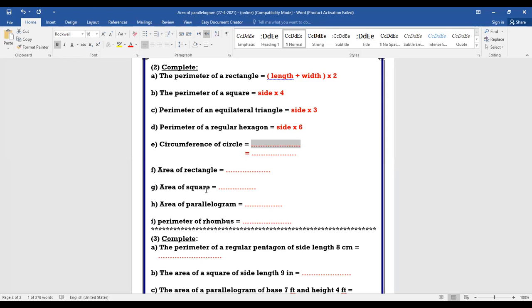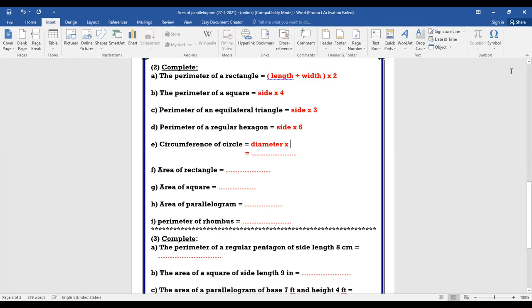If I have the diameter of the circle, we use this formula: diameter multiplied by pi. Of course, you know pi is the constant value 3.14.